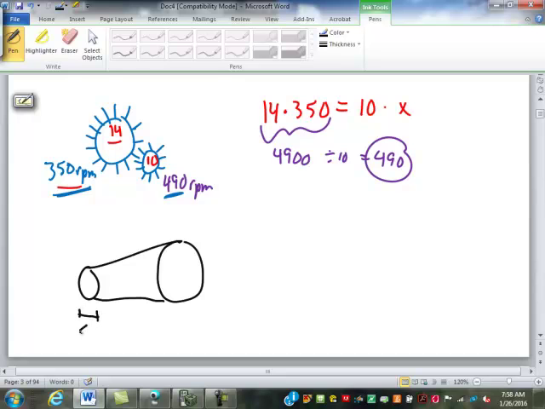Just like if we have a 5-inch pulley here, a 12-inch pulley here, and this pulley is turning at 600 RPM. Find how fast that pulley is turning.